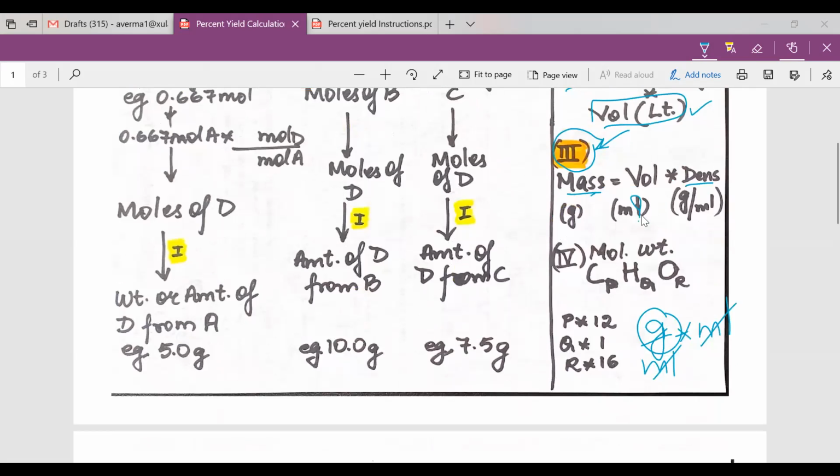And at this point, if you don't know how to calculate molecular weight, you need to know that carbon has 12, hydrogen has 1, and oxygen has 16 as the atomic mass value.